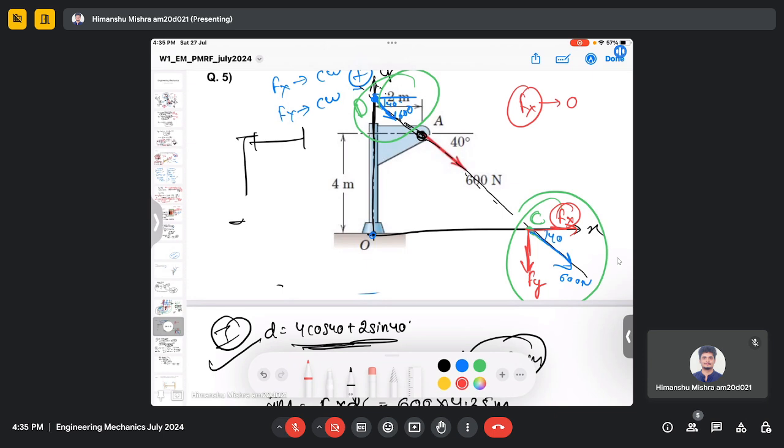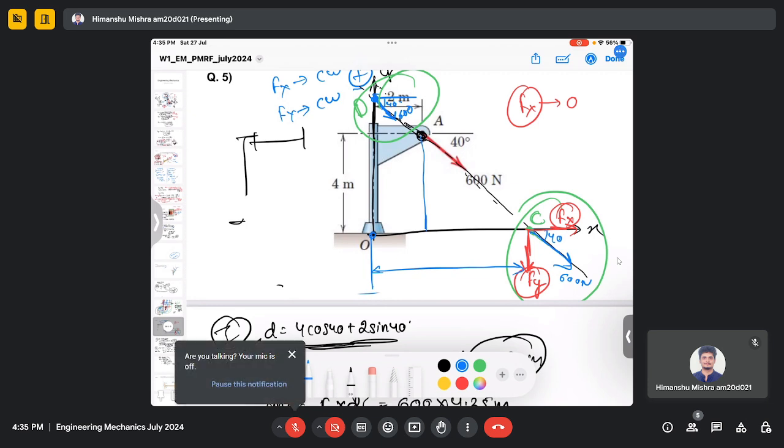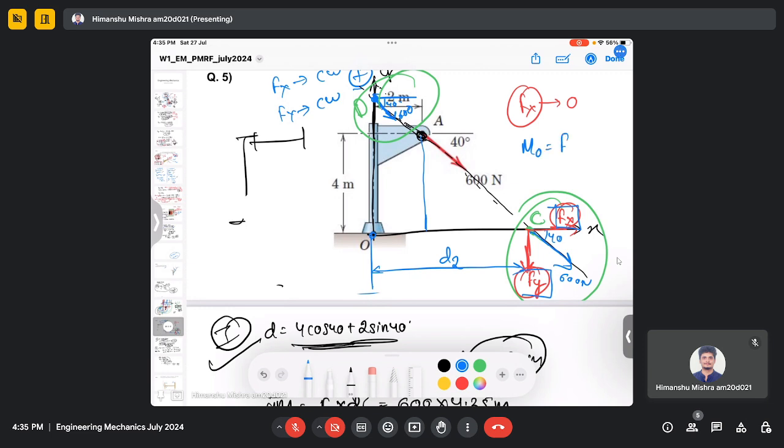But there is a perpendicular distance from force Fy to point O, and it is this. Let's say this is d2. So the moment at point O will be given by Fy multiplied by d2.